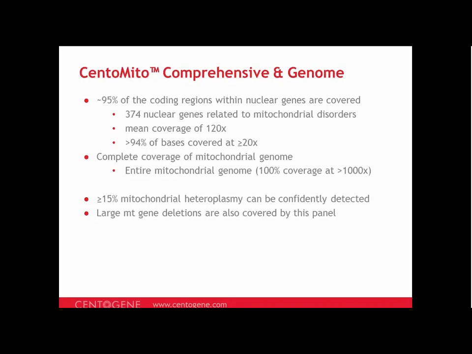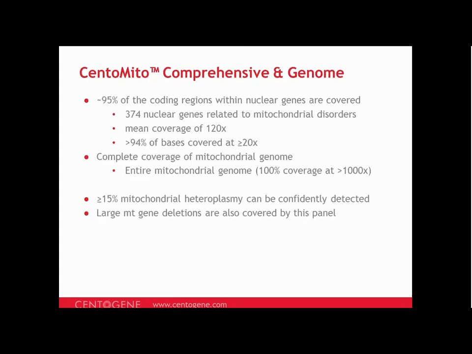There's another panel that covers Cento Mito Genome, called Cento Mito Comprehensive. This comprehensive panel includes 374 nuclear genes related to mitochondrial disorders, and the mean coverage for this panel is 120 reads. More than 94% of the bases of those nuclear genes are covered at more than 20 reads.